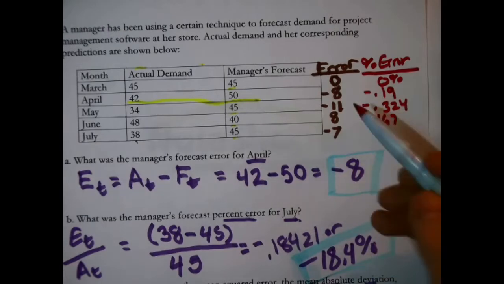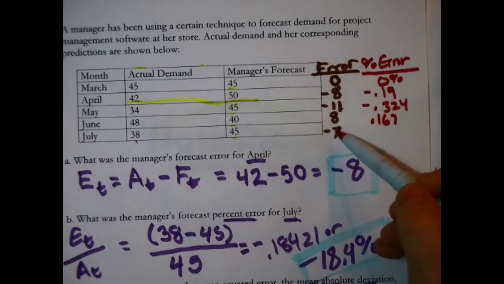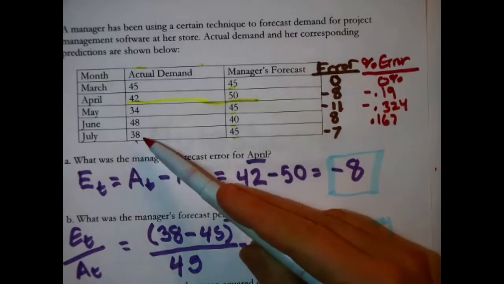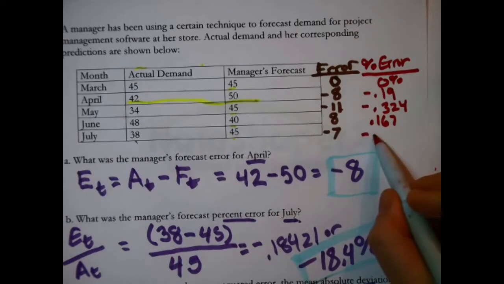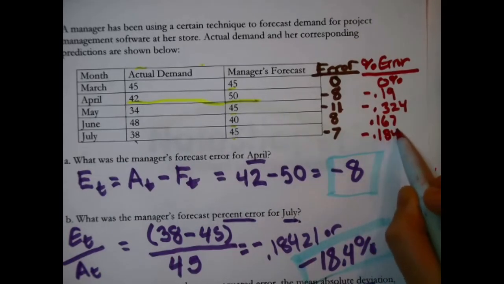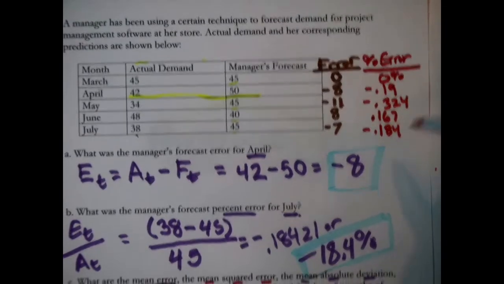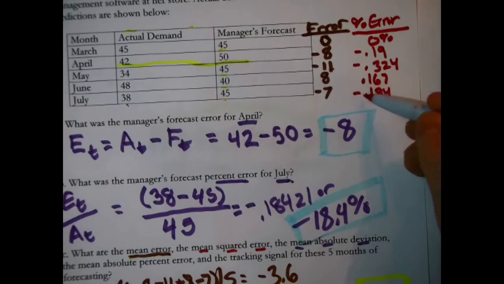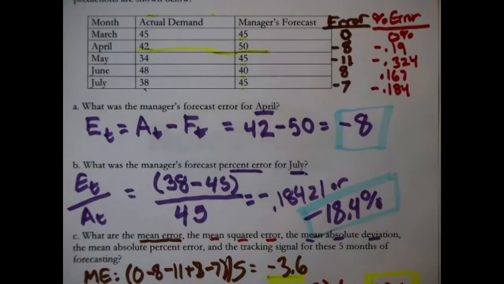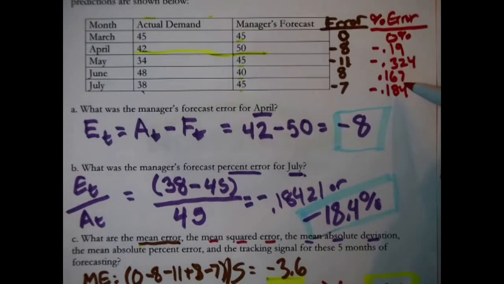And then for July, the error is a -7 divided by 38, -0.184. Now, these are the individual percent errors, right? Oh yeah, that looks familiar. -0.184, that was actually the answer to the second part. Okay, fine.